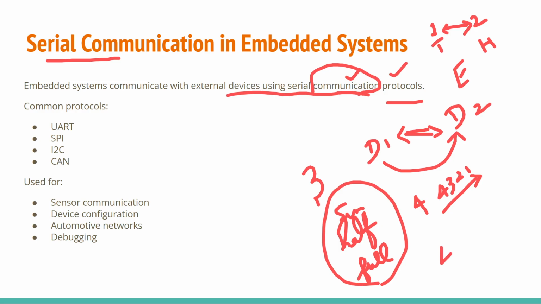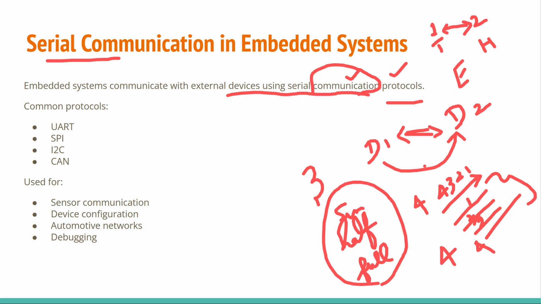To transmit 4 bits, instead of one line, I am going to have 4 lines. This line will carry data 1, this will carry data 2, this will carry data 3 and this line will carry data 4. So simultaneously I can transmit all the data using parallel communication. In serial communication it is transmitted bit by bit.